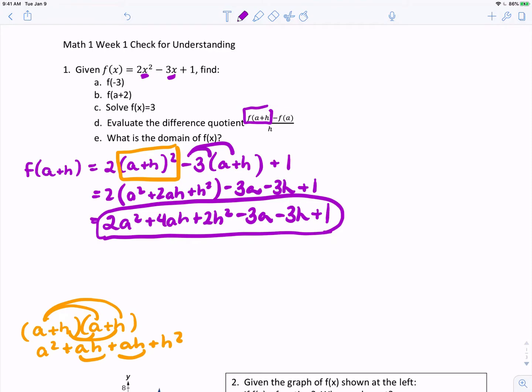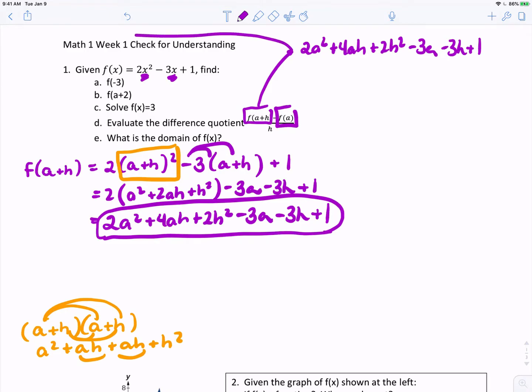So in the difference quotient, we have f of a plus h, which we just found out was 2a squared plus 4ah plus 2h squared minus 3a minus 3h plus 1. Now we're going to subtract f of a, which means that everywhere we see an x, we're going to replace that with a. So, I don't think we have enough room here. Okay, so let's move it down here.